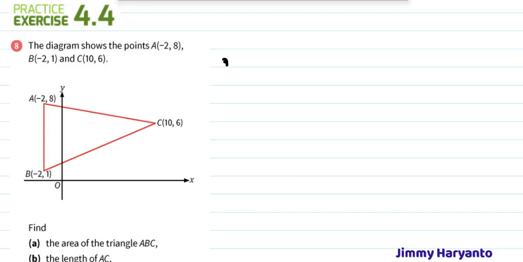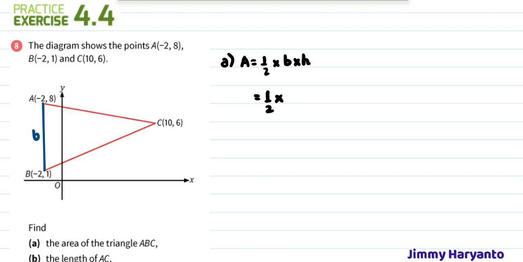For question 8a, we have to find the area of triangle ABC. Because this side is vertical, that means this one will be the base. So the area equals half times base times height, equals half times... there are 7 steps down.